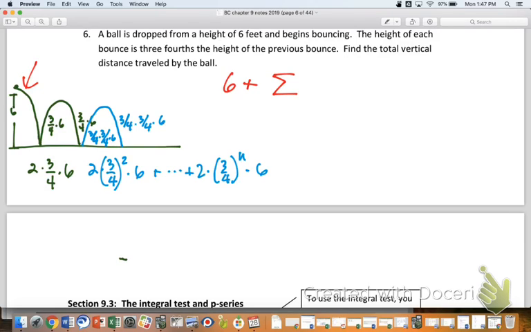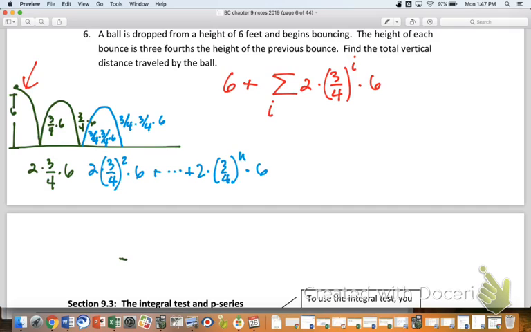So I'm going to say that, and I'll use the letter I to be my summation element.